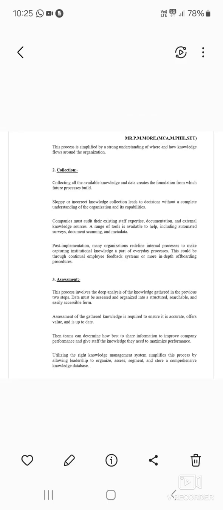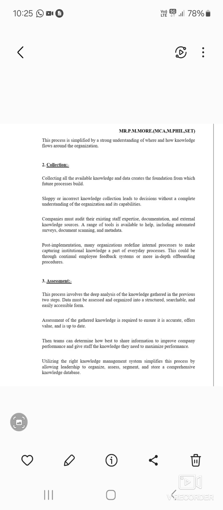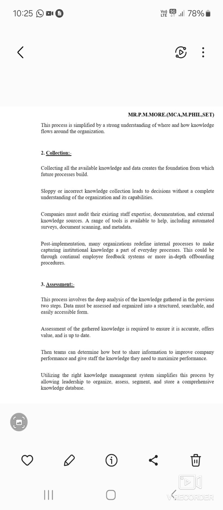The next step is assessment. This process involves the deep analysis of the knowledge gathered in the previous two steps. Data must be assessed and organized into a structured, searchable, easily accessible form. Assessment of the gathered knowledge is required to ensure it is accurate, offers value, and is up to date.